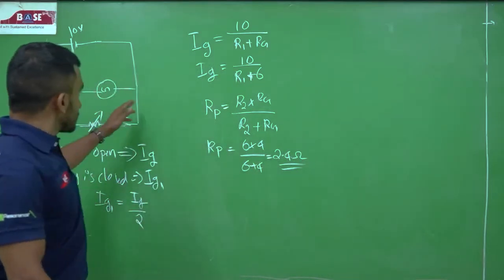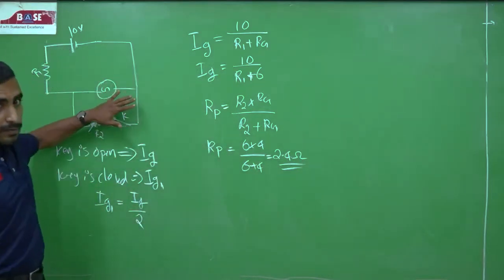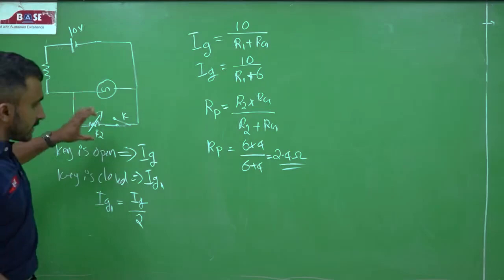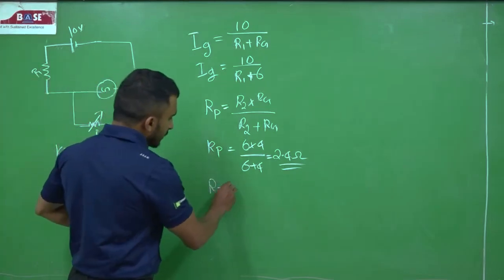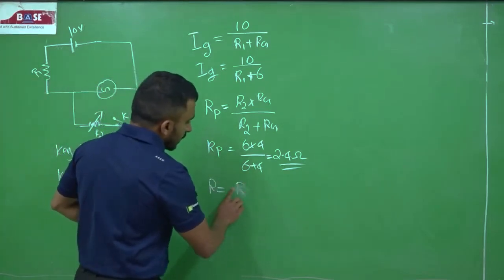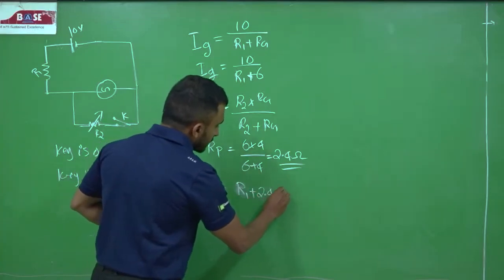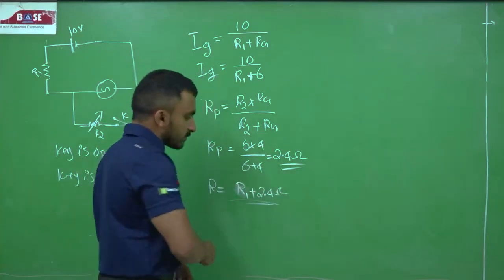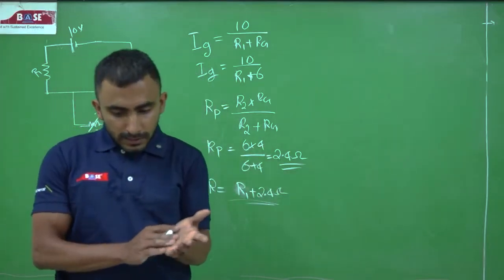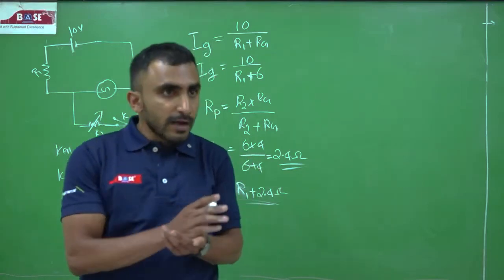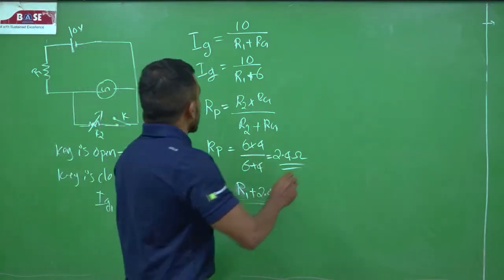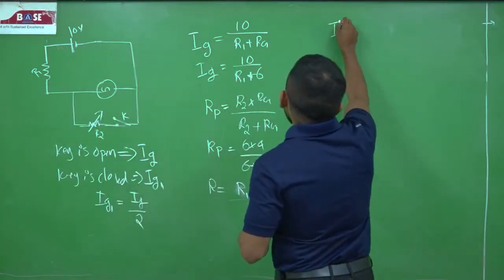And what about the total resistance? The total resistance means this parallel combination as well as R1, right? So the total resistance R will be R1 plus 2.4 ohm. Now we have to find the current through R1.